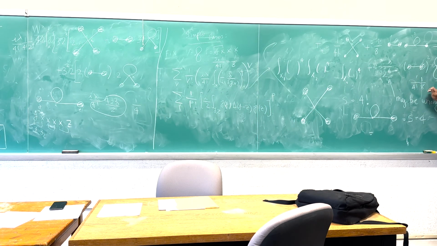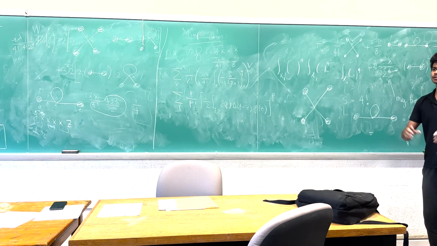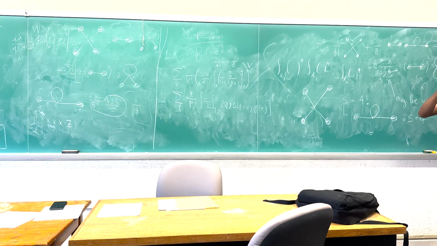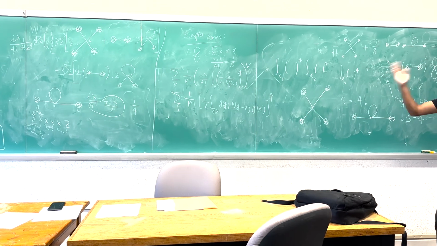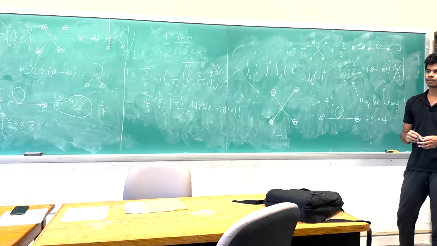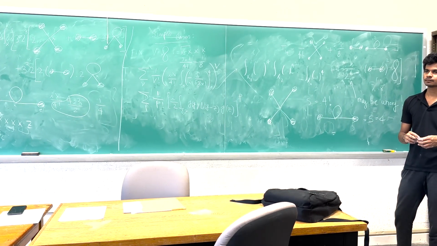But 4 factorial ways, 2 to the... each source can be rearranged in 2 ways, and there are 4 sources. No. We'll try to compute things like the expectation value of phi 1, phi 2, phi 3, phi 4, so the sources. Think about what we had in Wick's theorem.